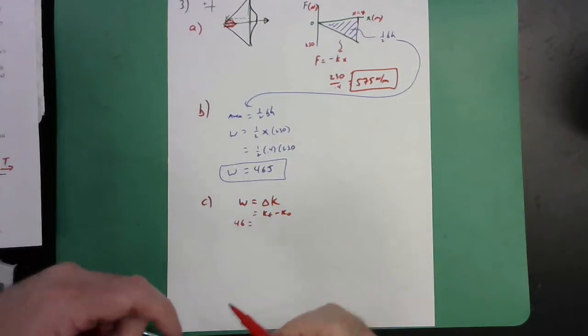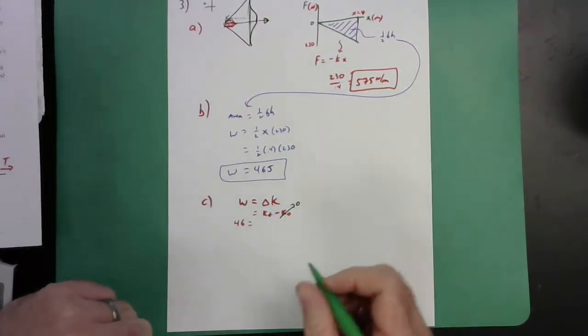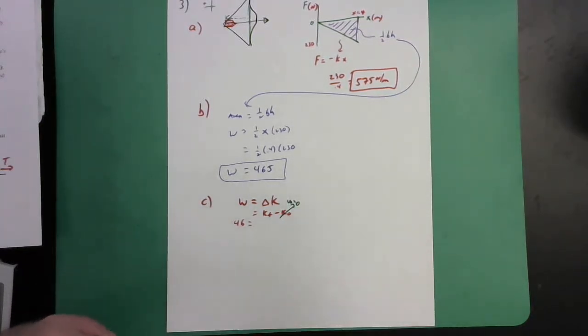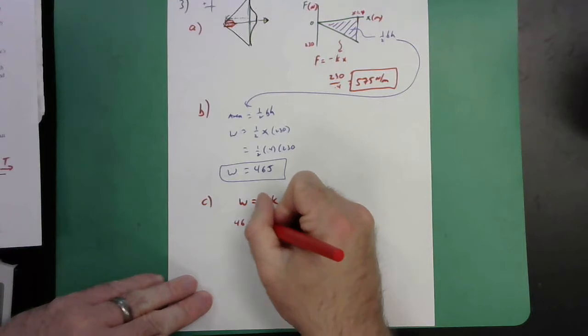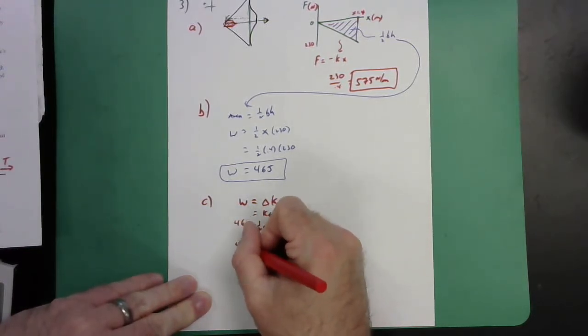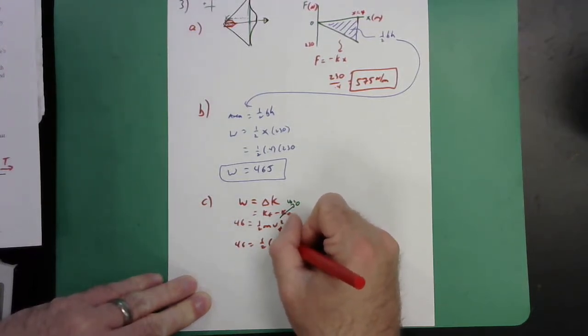That's going to be that 46 joules, equal to final minus initial kinetic energy, but since the starting velocity of the arrow was 0, that initial kinetic energy term drops out. So I'm just going to have 1/2 the mass of the arrow times the final velocity squared. The arrow's mass, they tell us, is 0.05 kilograms.